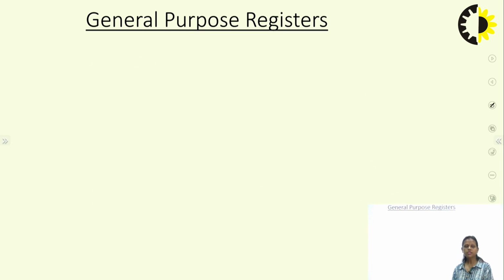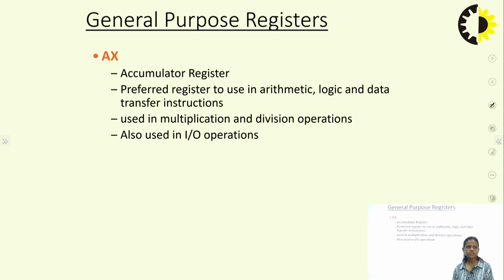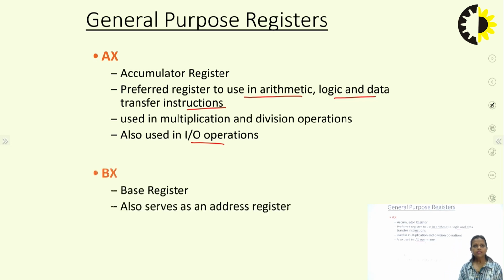Now coming to the general purpose registers. First is the accumulator register. It is the preferred register to use in arithmetic, logic and data transfer instructions, used in multiplication and division operations, and also used in IO operations. Then next we have the BX register, which is a base register. This also serves as an address register.